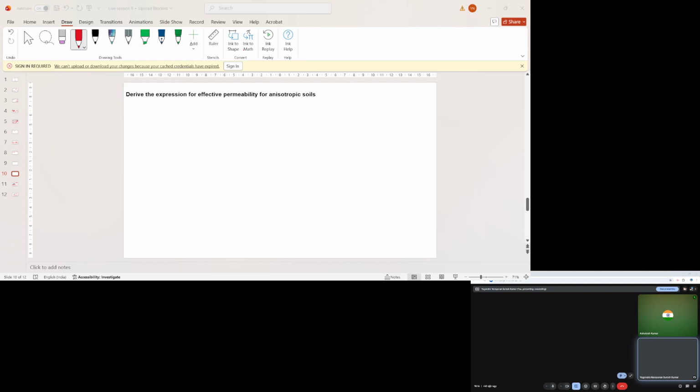This anisotropy, in this context, is for permeability. Permeability in all directions is the same if isotropic, but in anisotropic it is not the same in all directions.